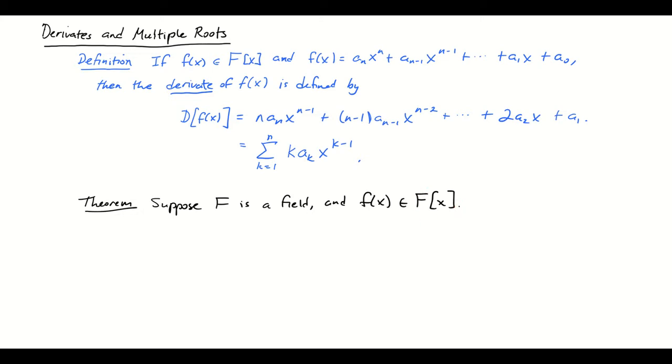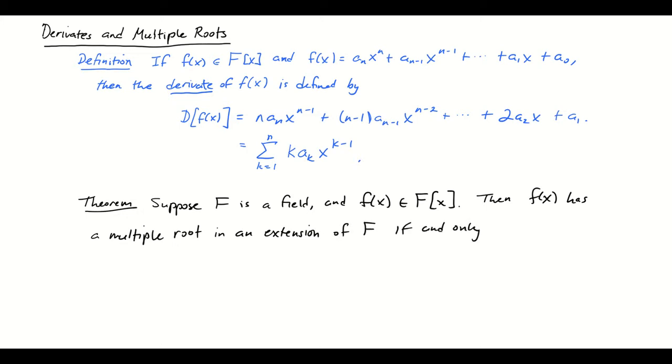So I'm going to write that down and then just make a remark about how interesting this theorem is. Okay, so then f(x) has a multiple root in an extension of F if and only if f(x) and the derivative of f(x) have a common factor.